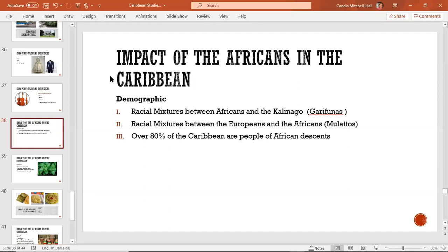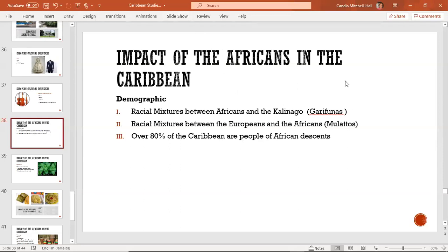Jamaica, I believe it's over 90% of African descent. Barbados 90, Grenada 90, St. Vincent over 90% of the people on these islands are people of African descent. Trinidad is like 50% of African descent. All right. So our demography is still very visible.